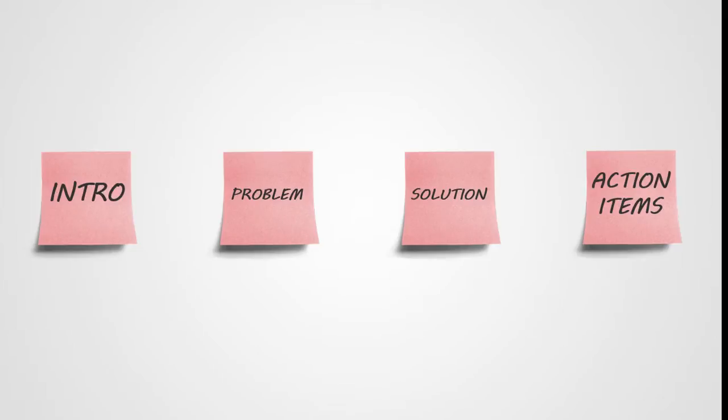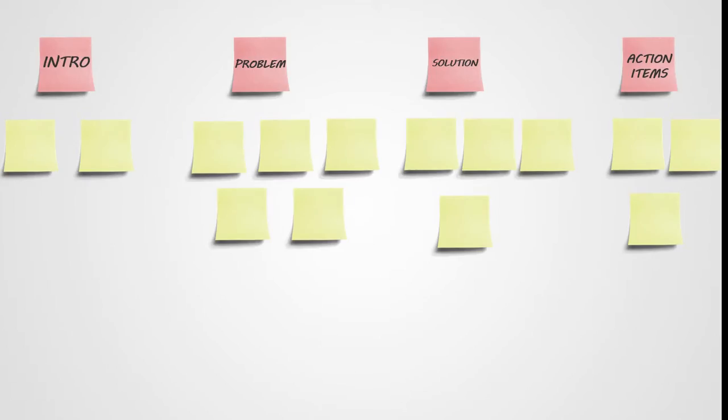Now, once we have those broad strokes up on the wall, we break out the next color of Post-it, and we put in our ideas. So this is where we decide to say something like, in the fourth quarter, our sales were down 4.5%. In 2013, our revenue was down by 1.7%, but our profits were up by 0.75%. All of those individual factoids need to go on these yellow Post-its.